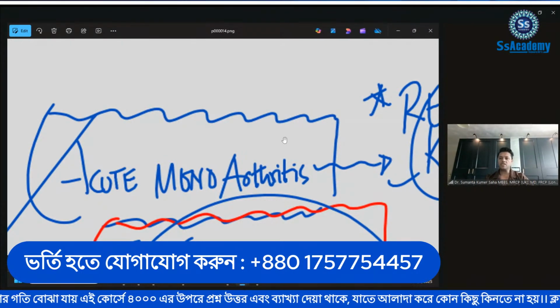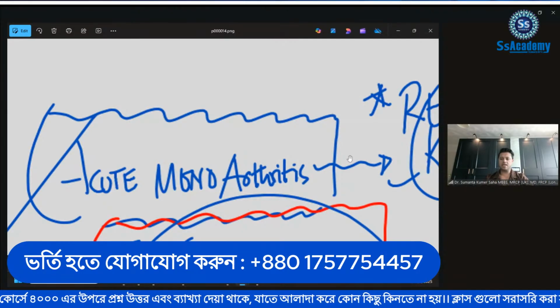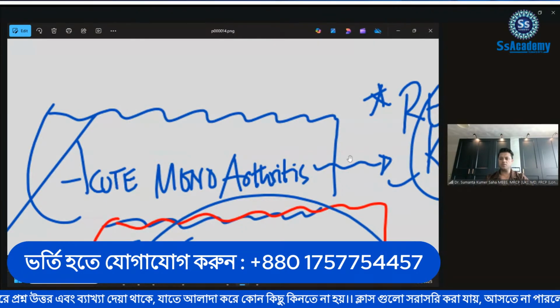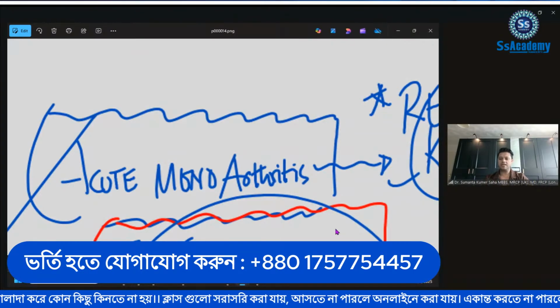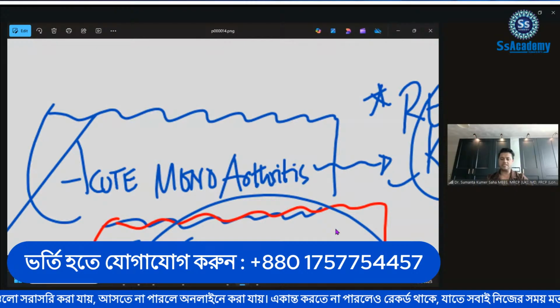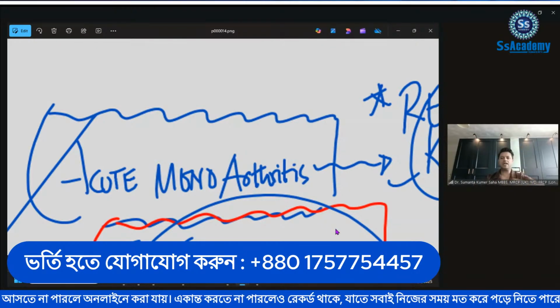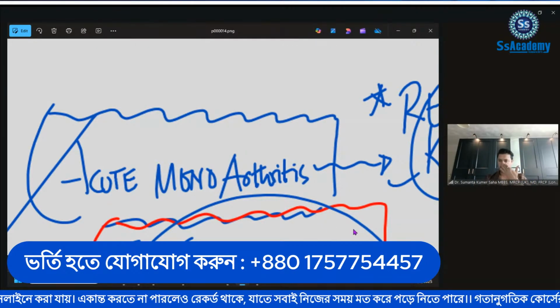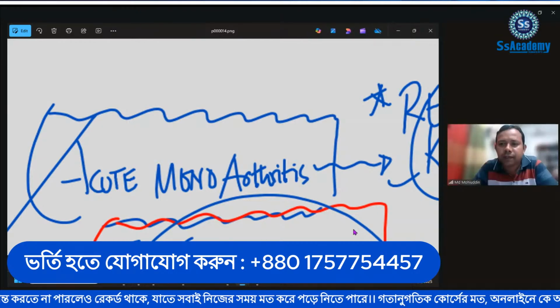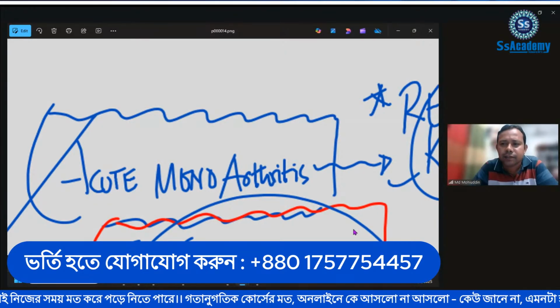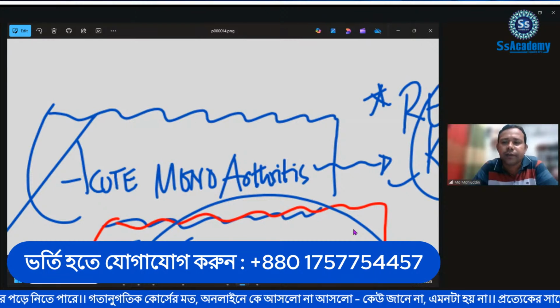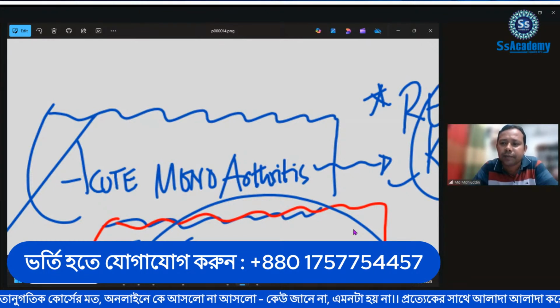But before going to acute monoarthritis, let me hear the last criteria for SLE. Butterfly rash, photosensitivity, oral ulceration, DLE, serositis, synovitis, neuro, nephro, hemato, immuno, and ANA positive.